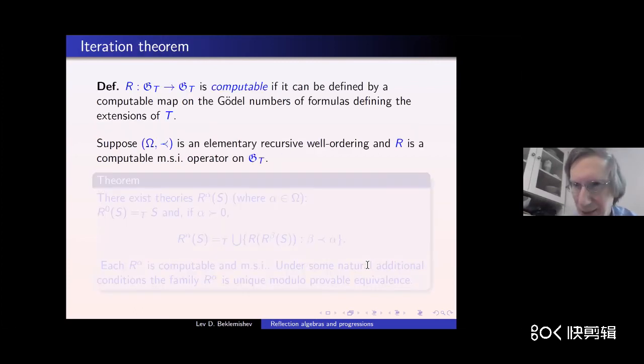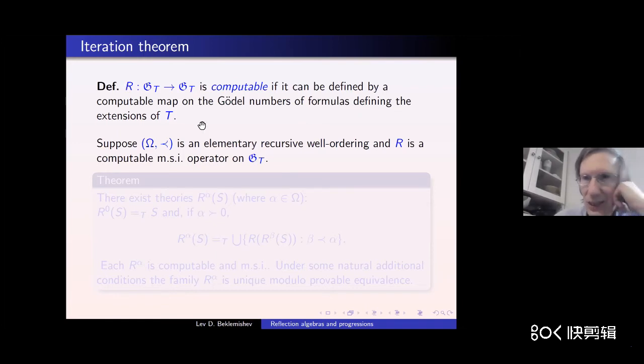Sometimes we can iterate with any operator. We can also consider its iterations, and this can be done in this semi-lattice for computable operations. An operator R is called computable if it can be defined by a computable map on the Gödel numbers of formulas defining the extensions of the elements of GT.